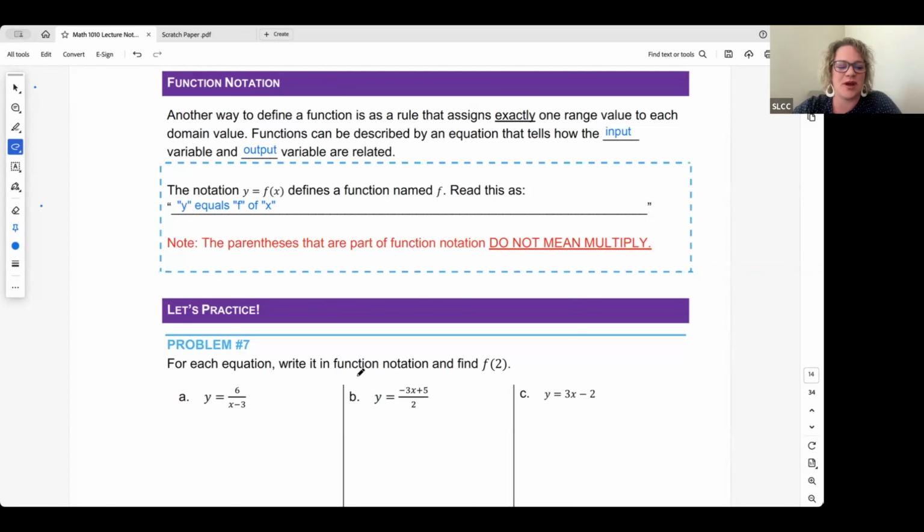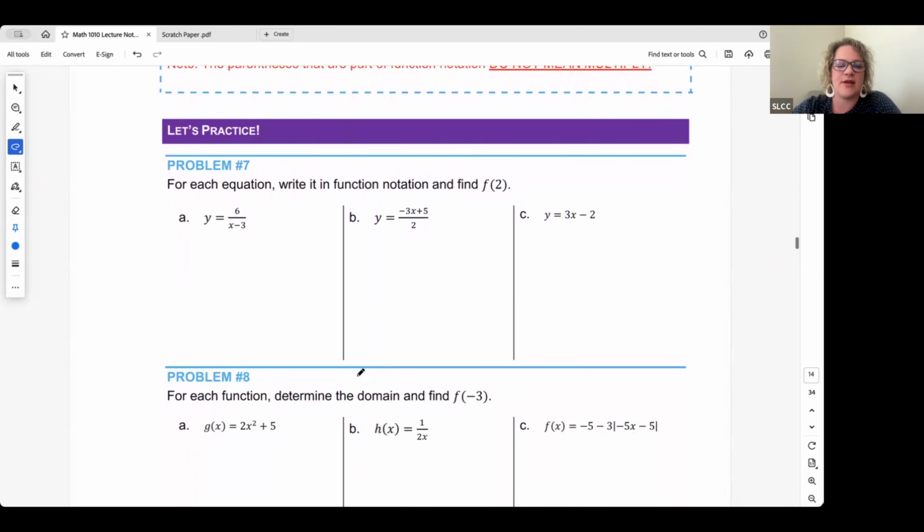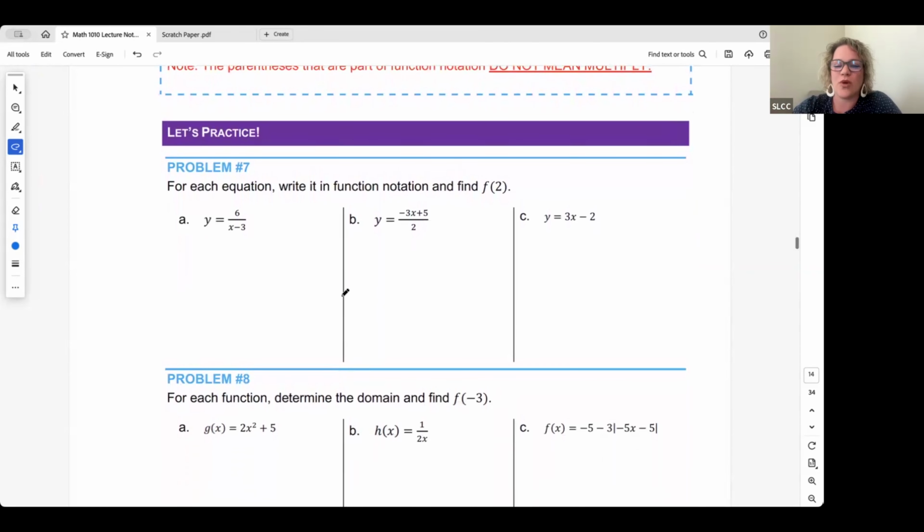Let's try some practice problems. Look at number 7. For each equation, write in the function notation and find f of 2. Okay, so how do I switch this to function notation? You just change the y for f of x. F of x equals 6 over x minus 3. Now find f of 2.